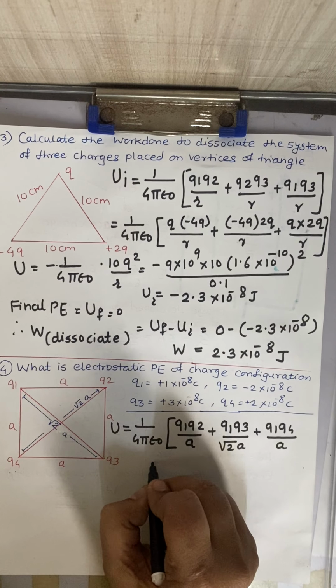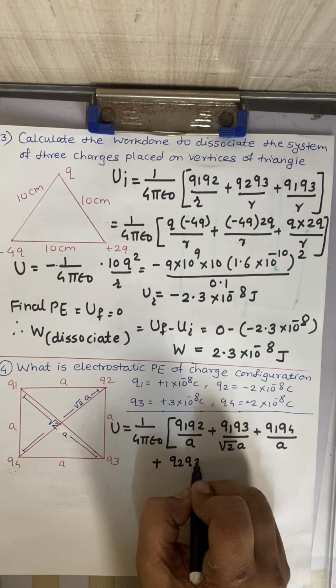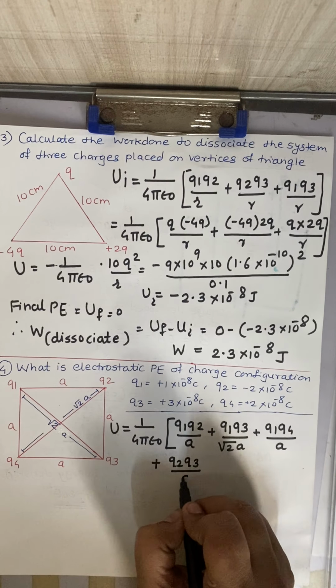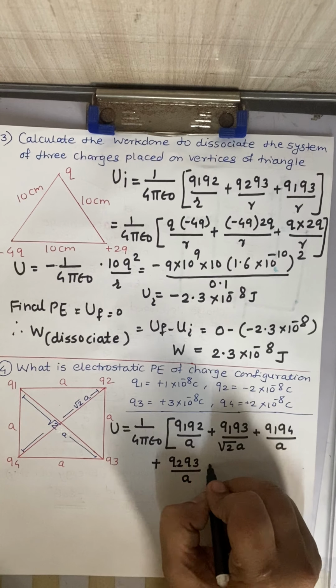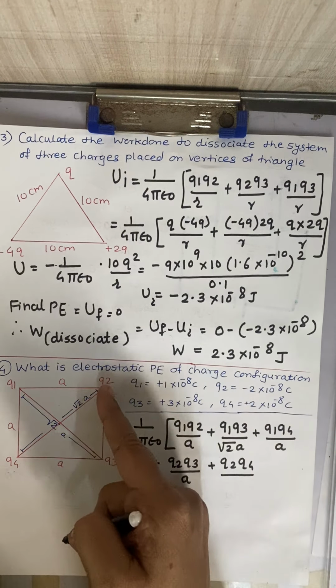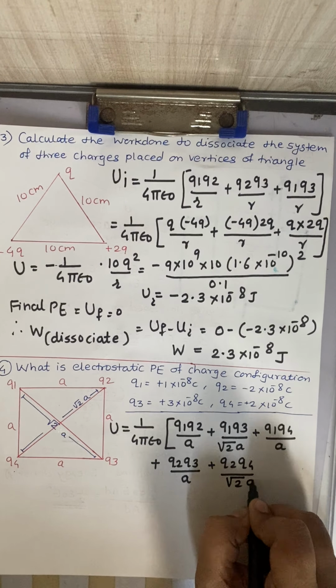Now let us start with the other one, that is q2 and q3. They are separated by distance a, plus q2 and q4, which are separated by distance root 2a.